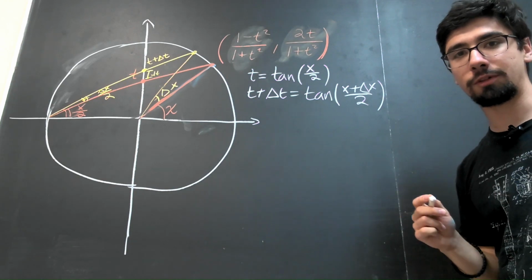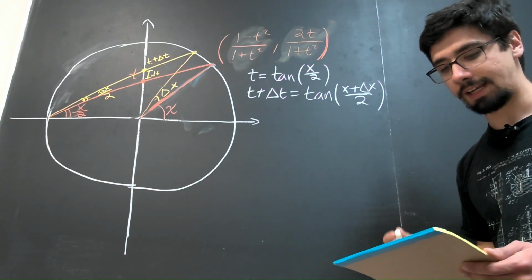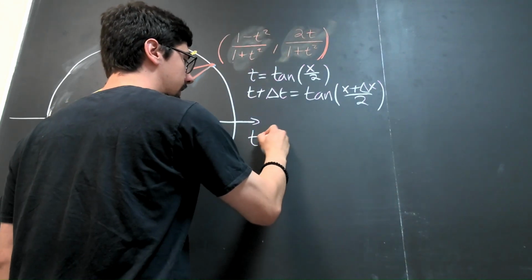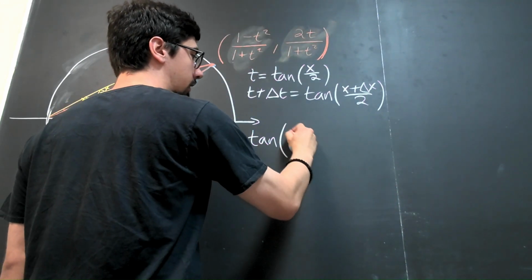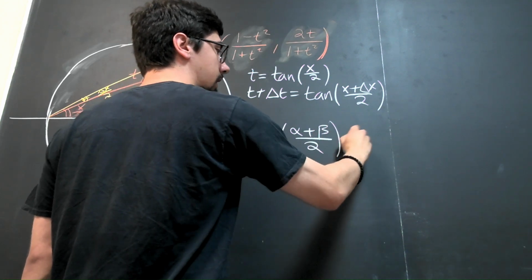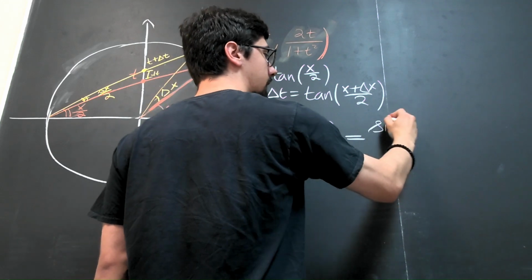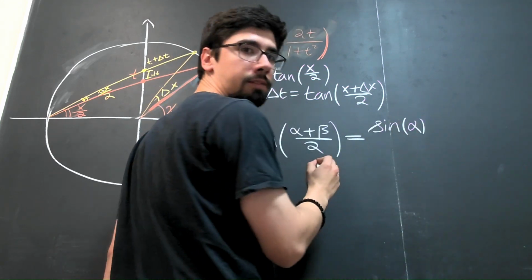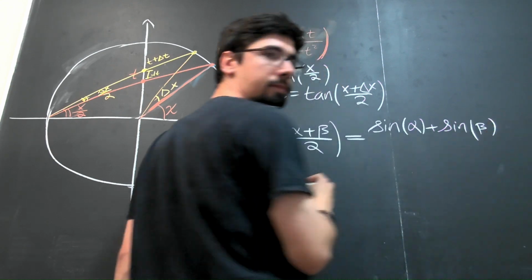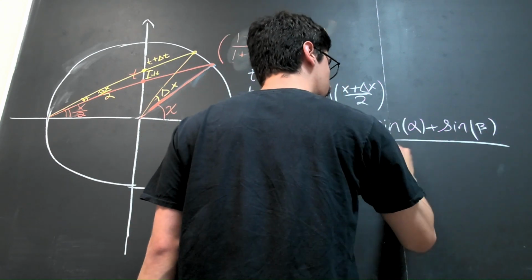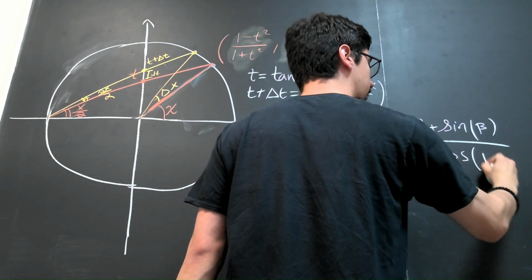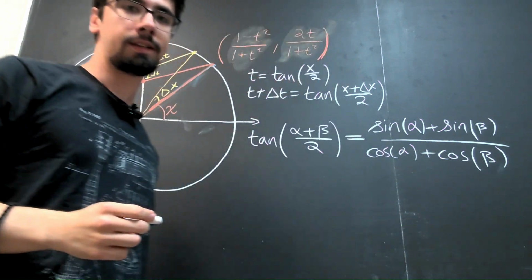Now this next part is going to require a bit of a trig identity. The identity that we're going to be using here is tangent of alpha plus beta over 2 is equal to sine alpha plus sine beta over cosine alpha plus cosine beta.